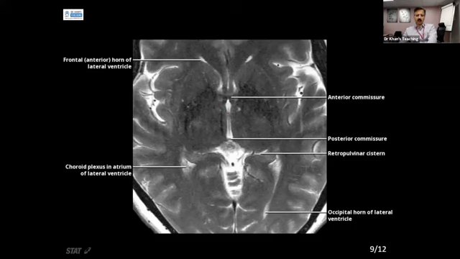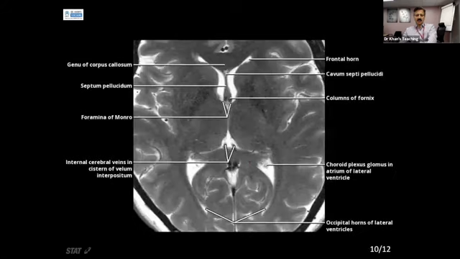So now you know that this thing here is the anterior commissure, and this is the posterior commissure, which we saw on that sagittal. And these are those two internal cerebral veins which are draining the thalami and the basal ganglia. And in the exam, they will come with dural venous sinus thrombosis. So you have to know this anatomy.